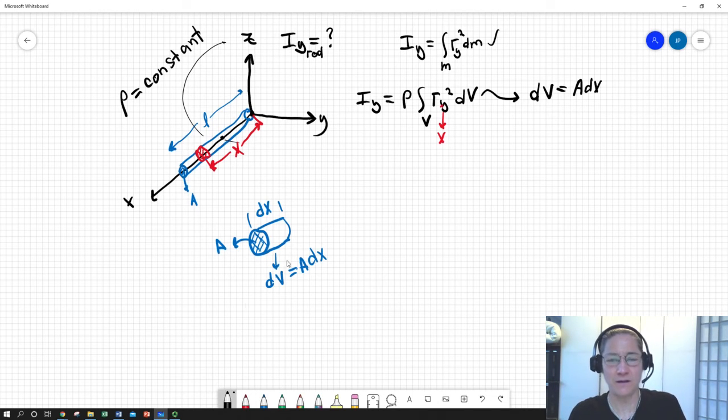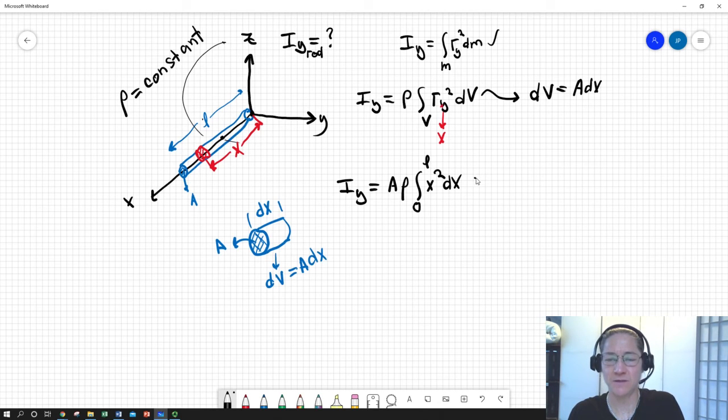So I can define I sub y equals A times the density times the integral of x squared dx. And we're going to integrate, in this case, from x equals 0 to the full length of the rod.